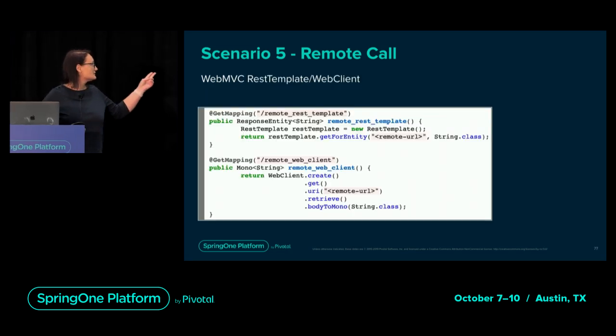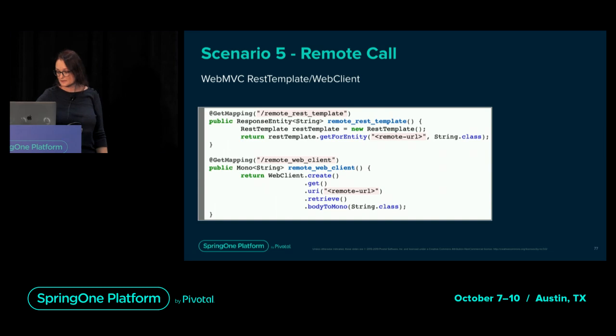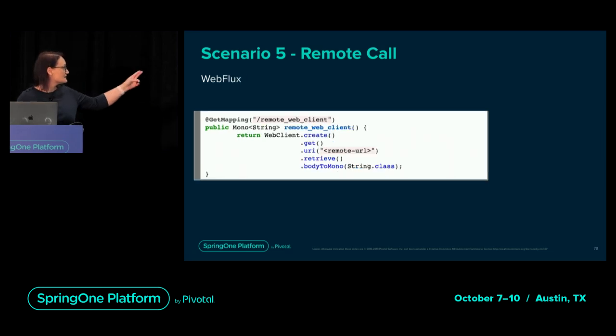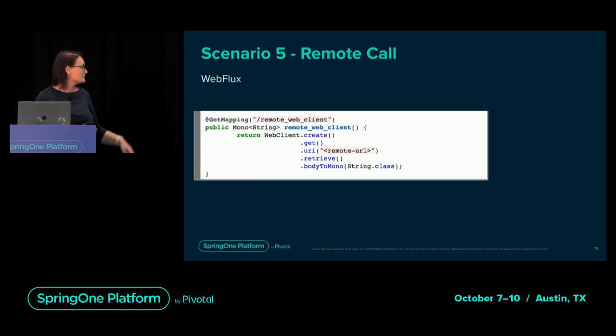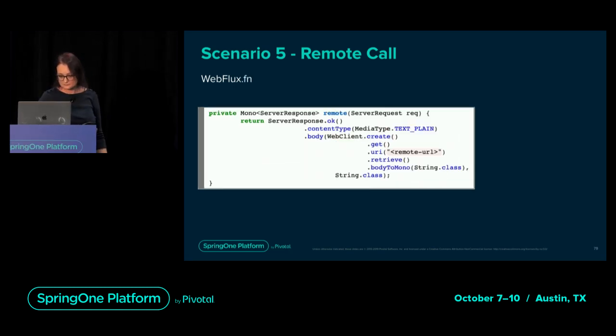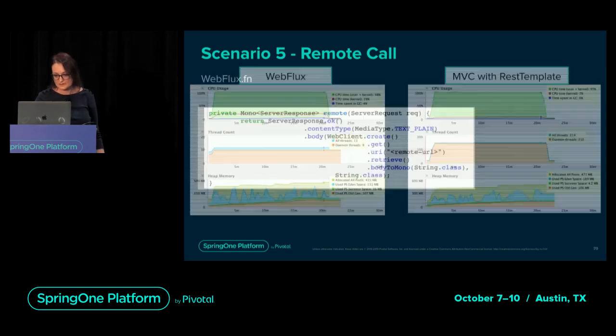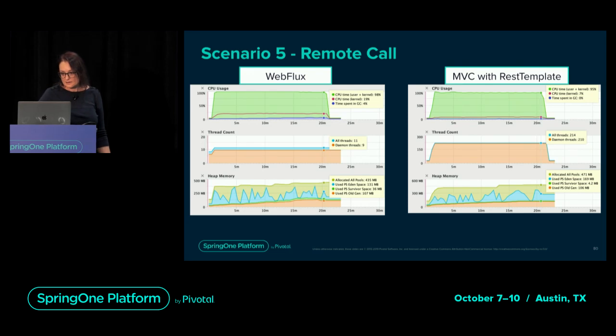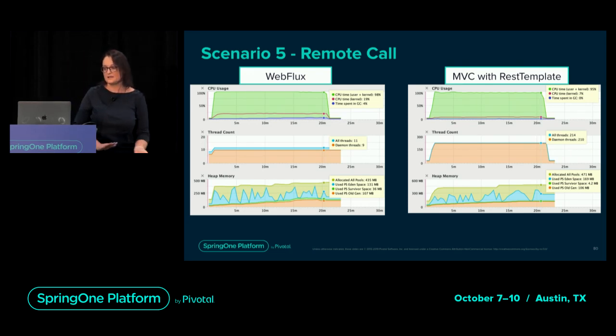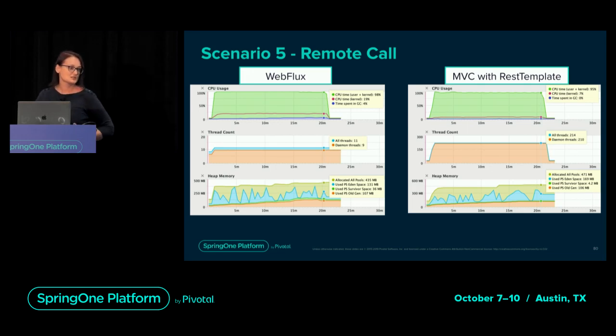This is the controller for the web MVC. The first one uses the REST template, the second one the web client. The WebFlux is the same as MVC when you are using web client. And this is the controller for WebFlux functional. From the resources, again, we cannot say much about what happens with the requests.